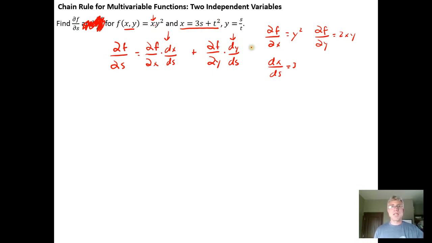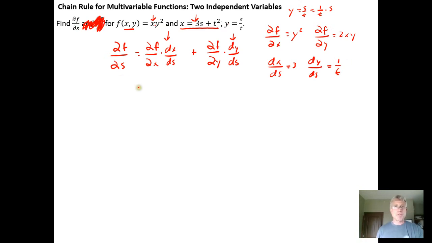So dx ds is just 3, and then we need to calculate dy ds. So we look here, I have y equals s over t, which is the same as 1 over t times s. And because we're taking the derivative with respect to variable s, we treat 1 over t as a constant coefficient on s. So the derivative of y with respect to s is just going to be 1 over t, the coefficient on the s term.